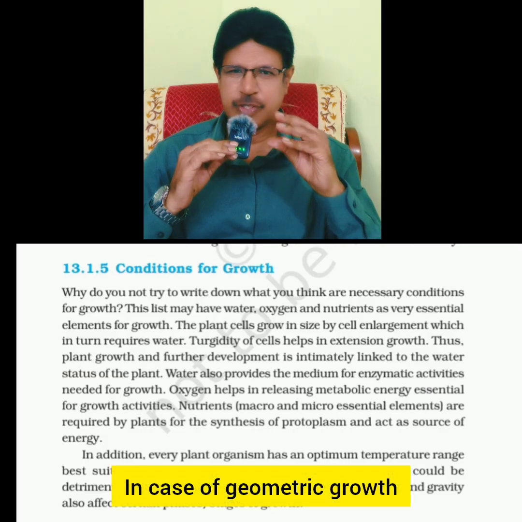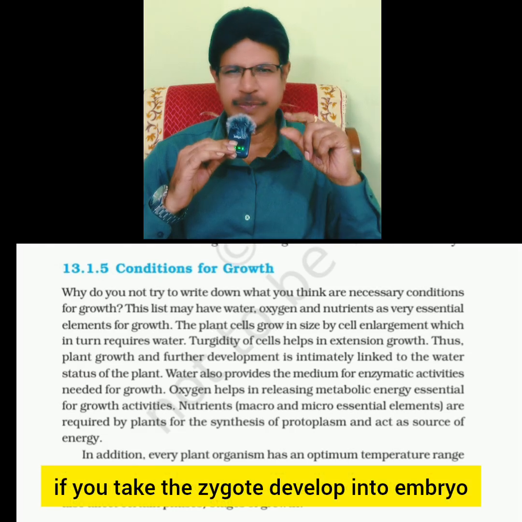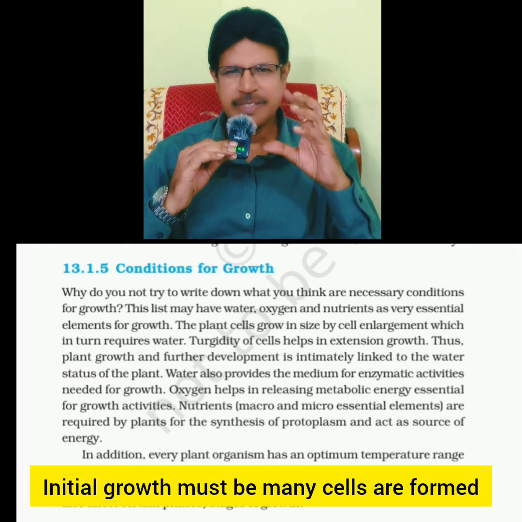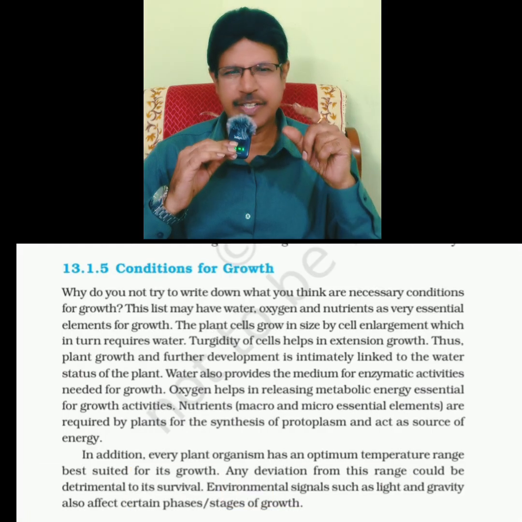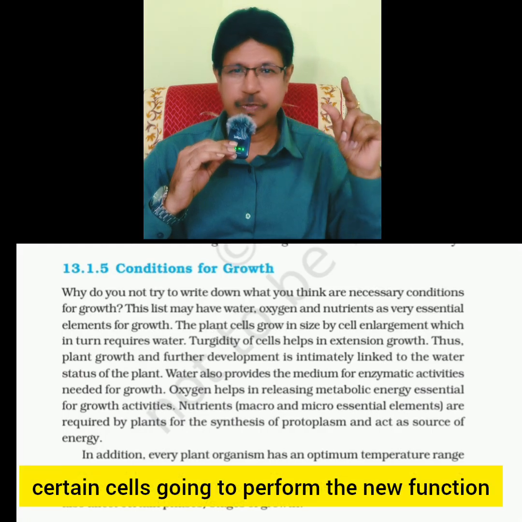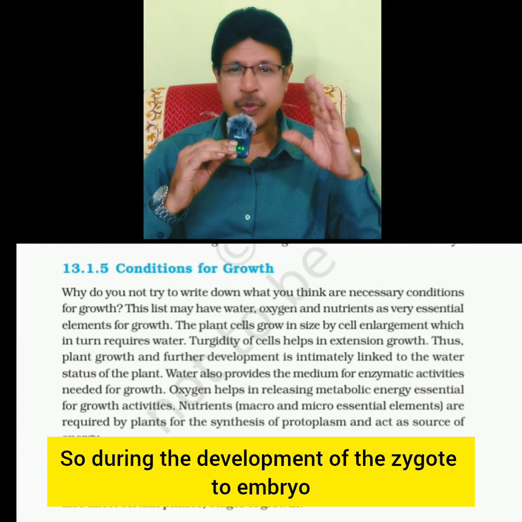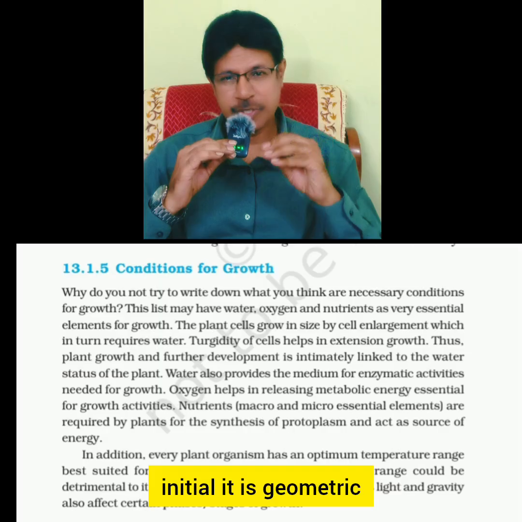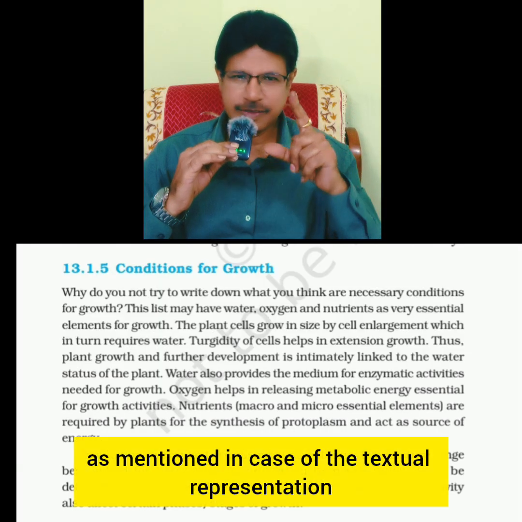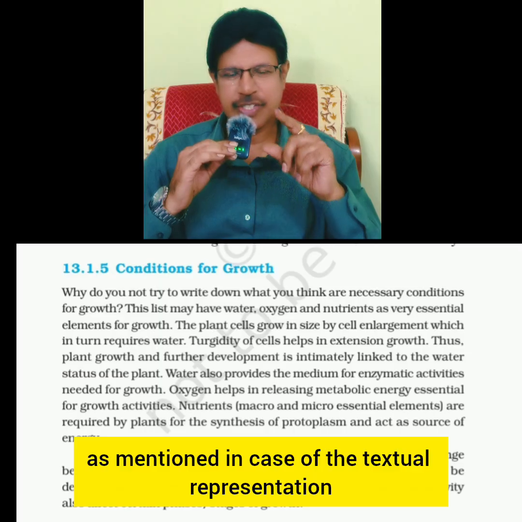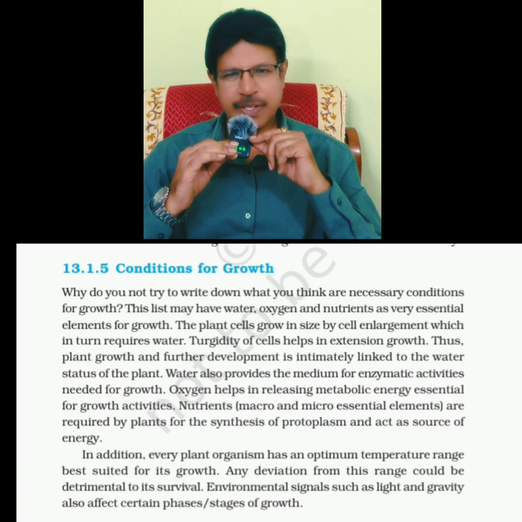In case of geometric growth and arithmetic growth, if you take the zygote development to embryo, initially many cells are formed. The growth is geometric. Later, certain cells perform new functions, that is arithmetic. So during the development of the zygote to embryo, initially it is geometric, followed by arithmetic growth, as mentioned in the textual representation of geometric as well as arithmetic growth.